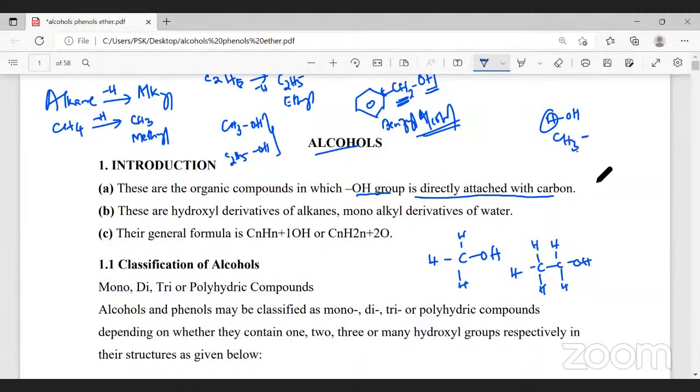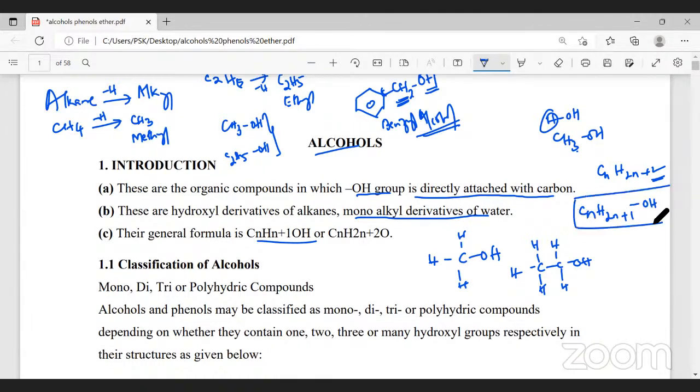The general formula of an alkane is CnH2n+2. If one of the hydrogens is replaced by an OH group, then the molecule we get is an alcohol. From an alkane, one hydrogen atom is removed and replaced by the OH group.